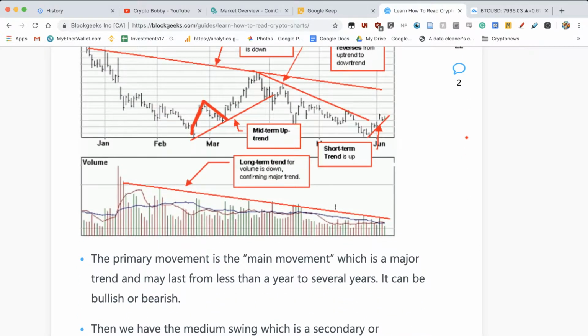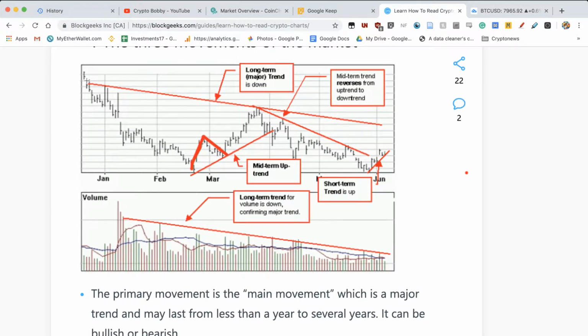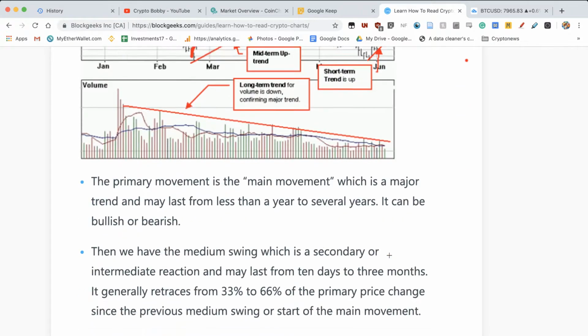Here, as you've got the volume, the long-term trend for volume is down, confirming the major trend. If you look at this chart, the price is going down. You've got lower highs and lower lows, and this is also reflected with the decrease in volume, as you can see here on this volume indicator.